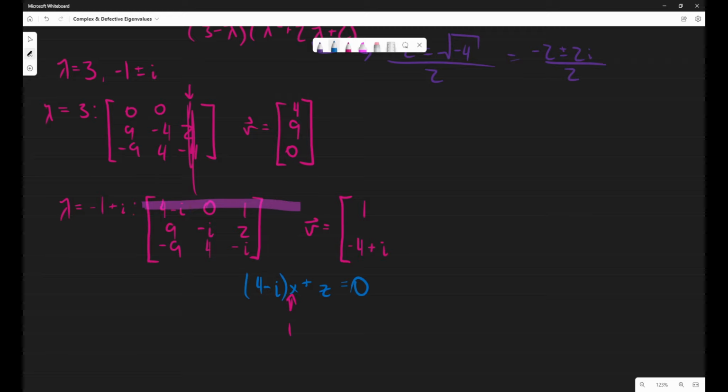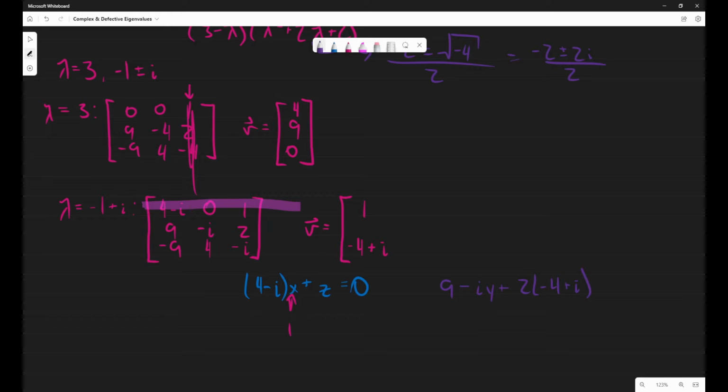And then after you do that, you just pick any of the other 2 equations so you can find your last variable. So in this case, I'm going to use the second one. So we'll have 9 times 1, and then minus iy plus 2 times negative 4 plus i.